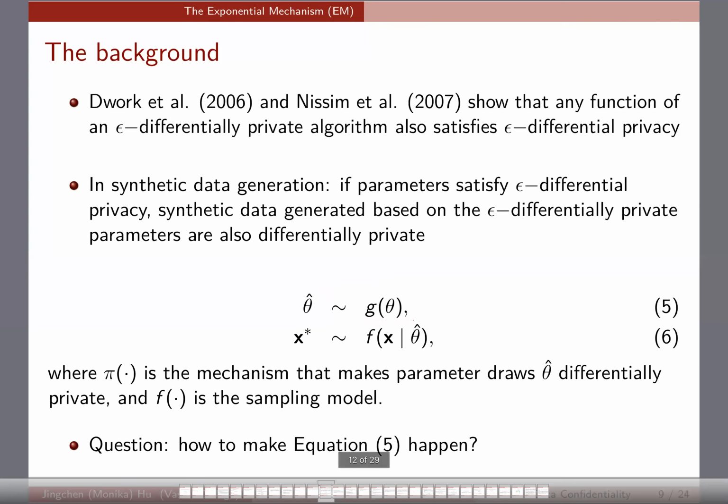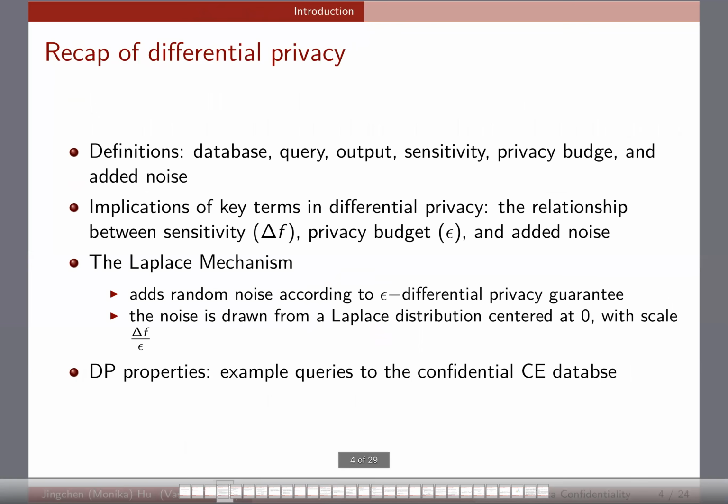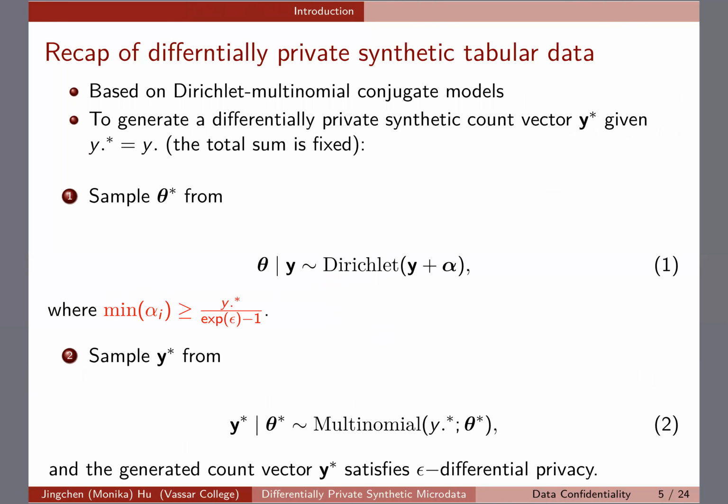In fact, I should mention, we talked about this earlier. If you remember the process, we get theta star from equation 1, and then y star from equation 2. Going from equation 1 to equation 2 also follows the result I showed you earlier, that any function of differentially private parameters will also be differentially private.